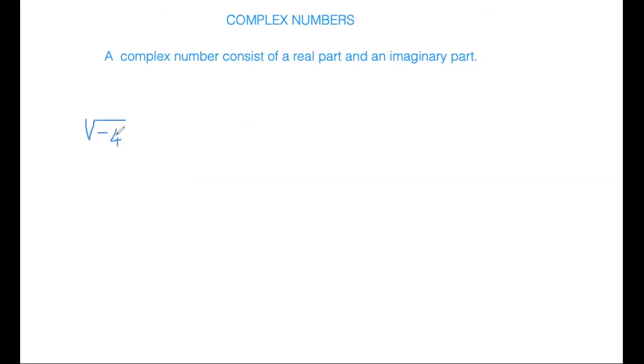Now, let's look at a square root of negative 4. We can rewrite this as an imaginary part where we split negative 4 as negative 1 times 4. Then we can split this as root negative 1 times root 4. And then square root of 4 is 2, and this now is an imaginary number.